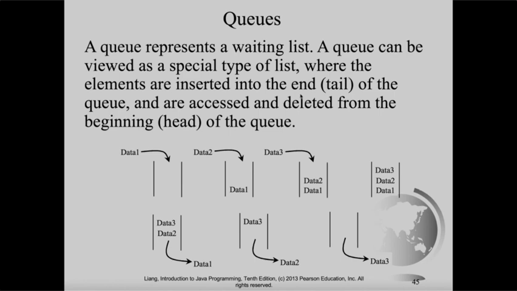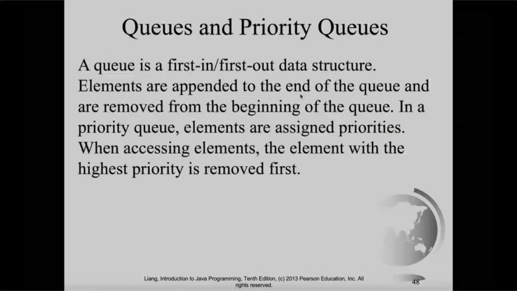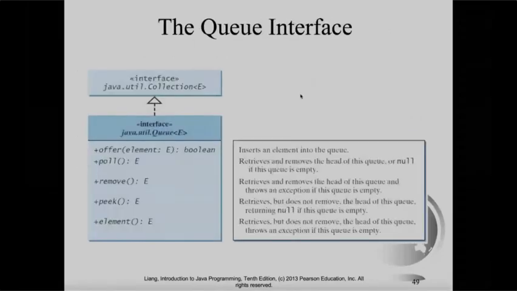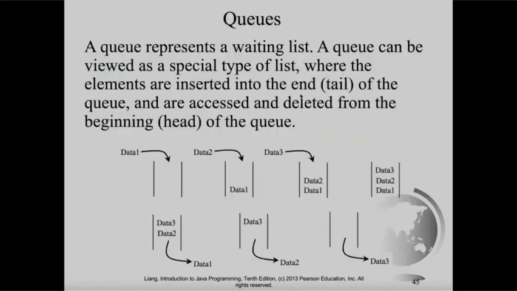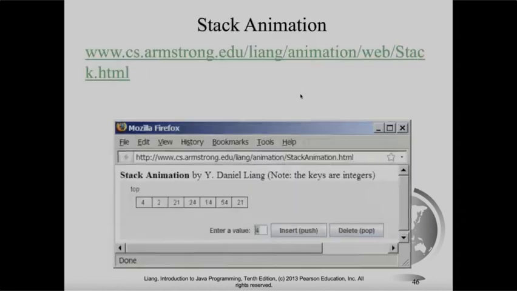Since it's a FIFO data structure, first in, first out, data 1 came first, so data 1 needs to be out first. So we're dequeuing data 1. The queue data structure, as I said, has these two main behaviors: we can add elements, or enqueue them, and remove elements, or dequeue them.